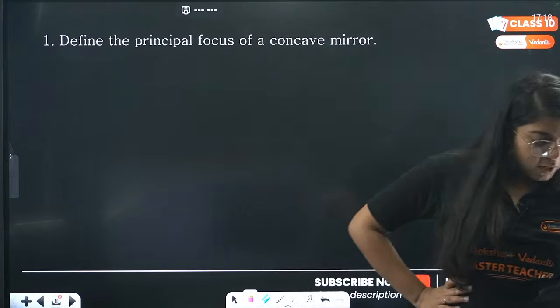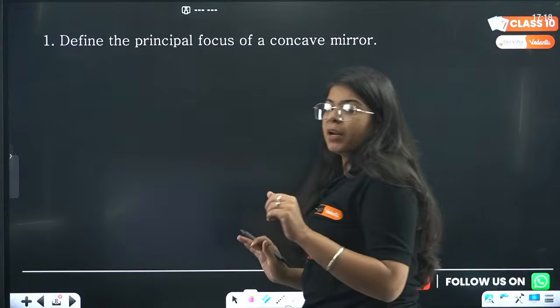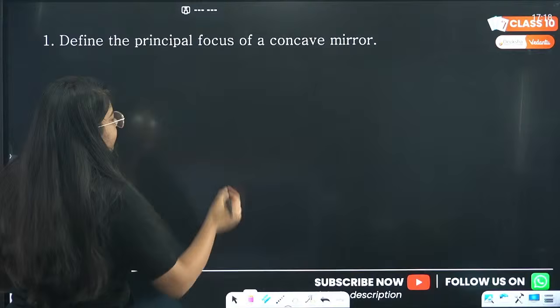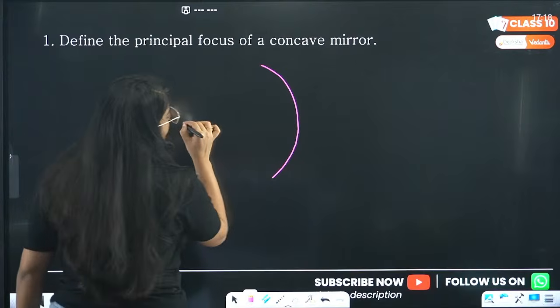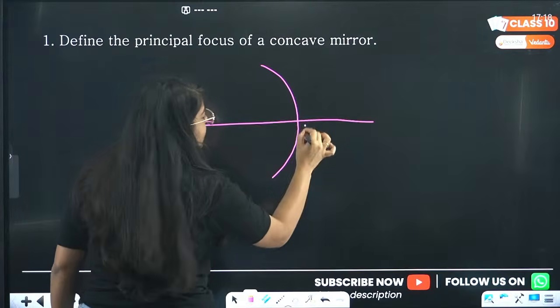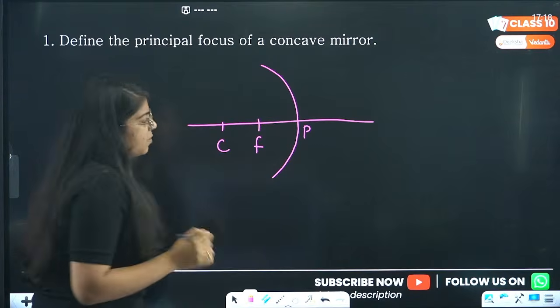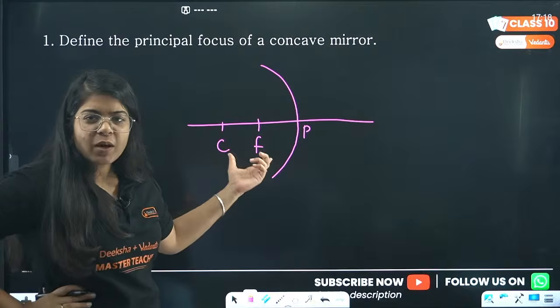Okay, everyone, when we talk about principal focus, what comes into our mind? This is a concave mirror. If we draw the principal axis, this is pole, this is center of curvature, this is my focus, this is my principal focus. But how do I explain it?